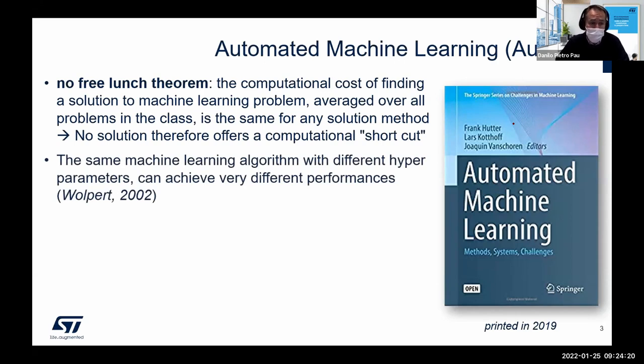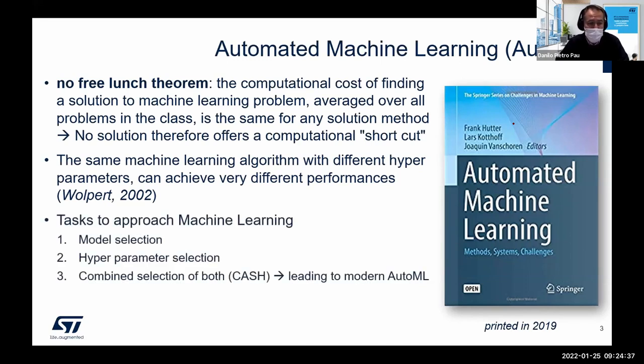And furthermore, if I take a machine learning algorithm, obviously this will be characterized by different hyperparameters. And by varying the parameters, the performances can vary very much. This has been known in the state of the art for 20 years.